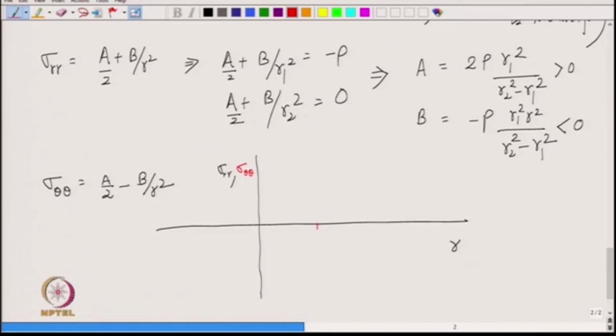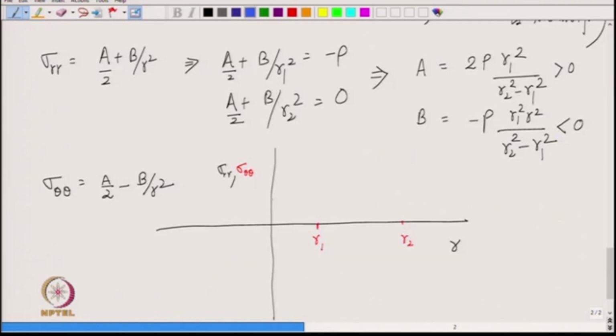So, we will have some r 1 and some r 2, and the stress has to vary in this domain. But the formula is such that as r goes to infinity, both of them have to approach A by 2, and you see A is positive here. So, A by 2 will be a positive number.